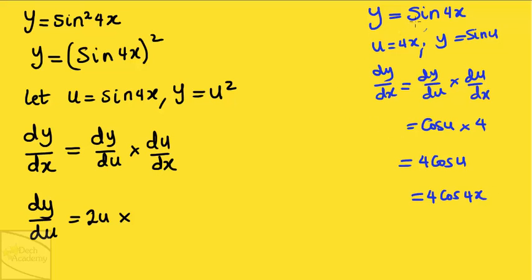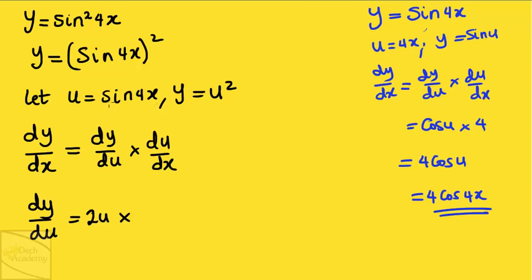So the meaning of this is that when you differentiate sine 4x, because y is sine 4x, if you're differentiating y with respect to x, you're differentiating sine 4x with respect to x. Differentiating sine 4x with respect to x gives this. So now back here, we're differentiating u with respect to x. U is sine 4x.